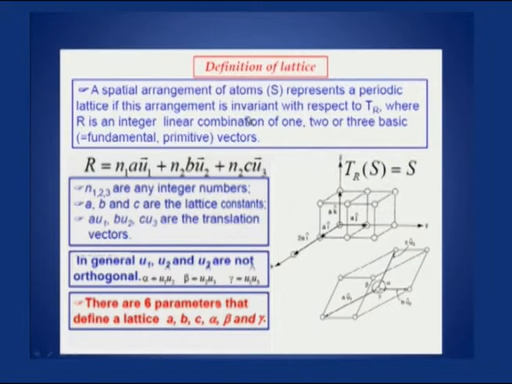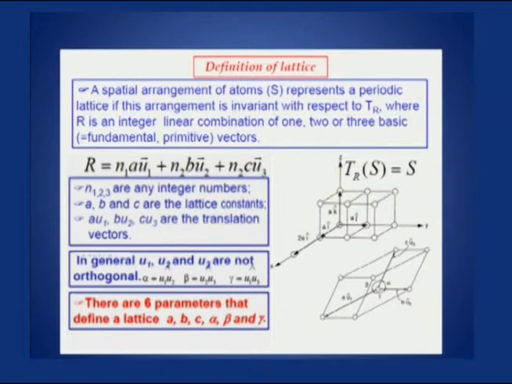This arrangement is invariant with respect to translation T_R, where R is an integer linear combination of 1, 2 or 3 primitive vectors. The primitive vectors are u1, u2, u3. As I told you just now, n1, n2, n3 are the 3 integers, a, b, c are the lattice constants, and a u1, b u2, c u3 are the translations.